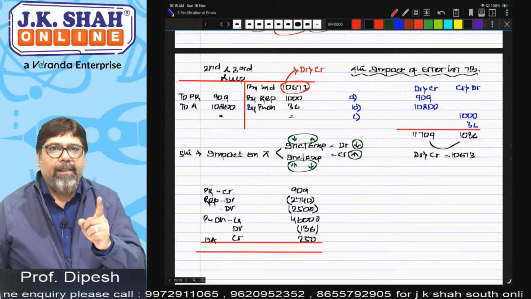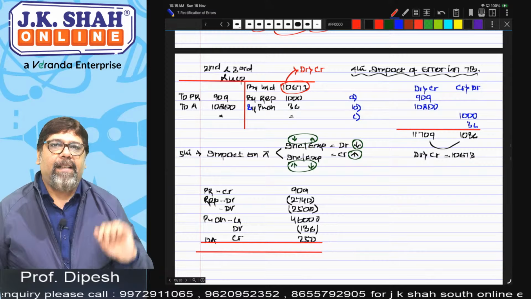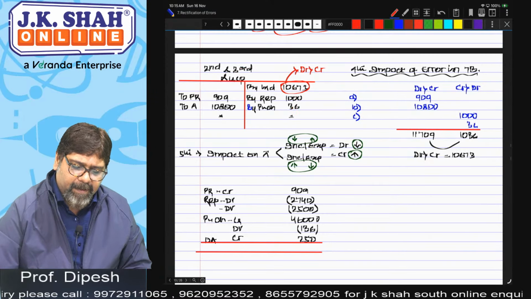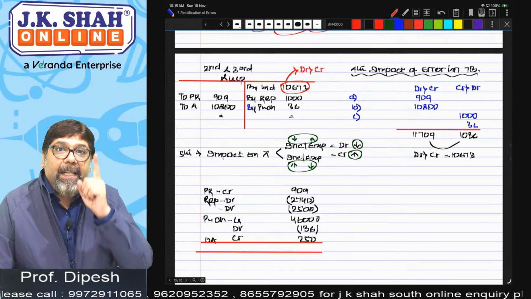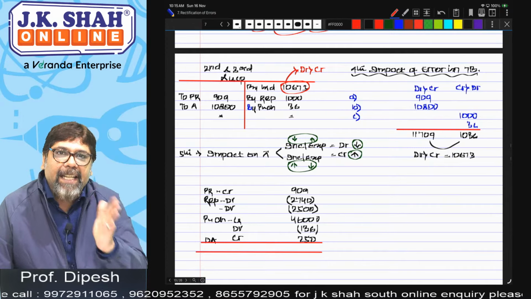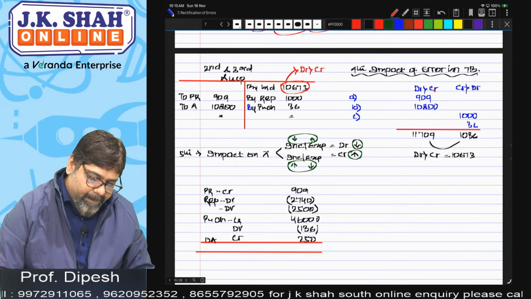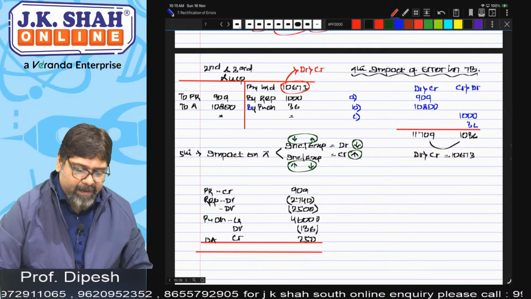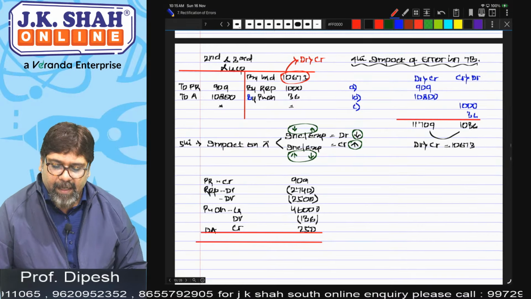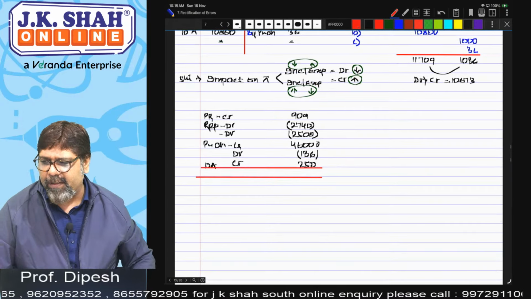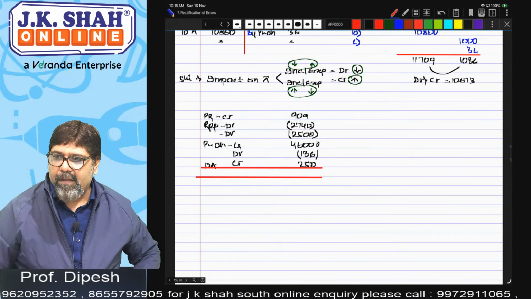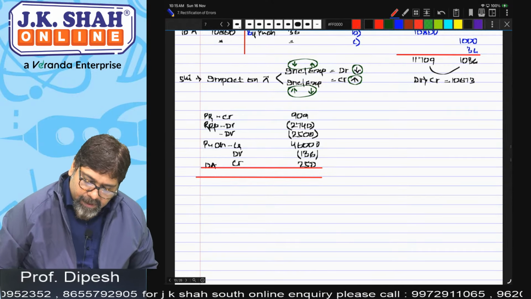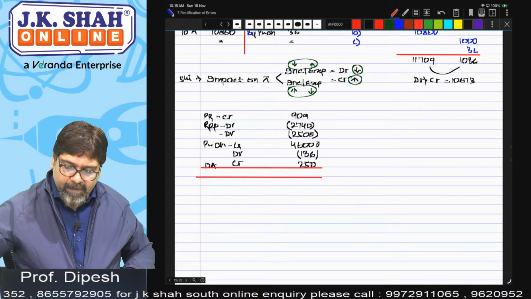If they just tell you to state the difference in trial balance, then we'll prepare the suspense account and find the difference. But if they ask you to state the impact, then we are supposed to give the impact of every transaction on the trial balance. You understood? Yes or no? Yes, sir. Now tell me the net impact of this.